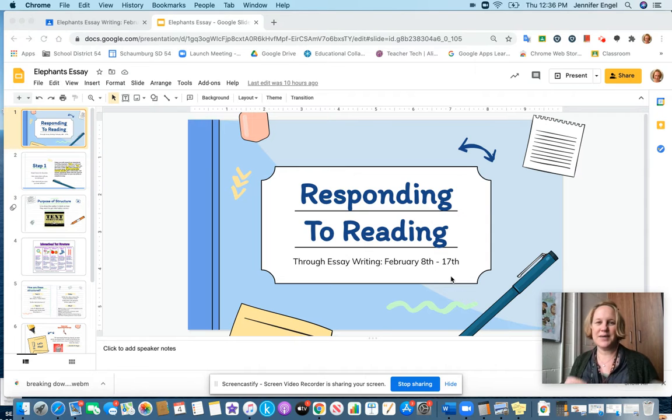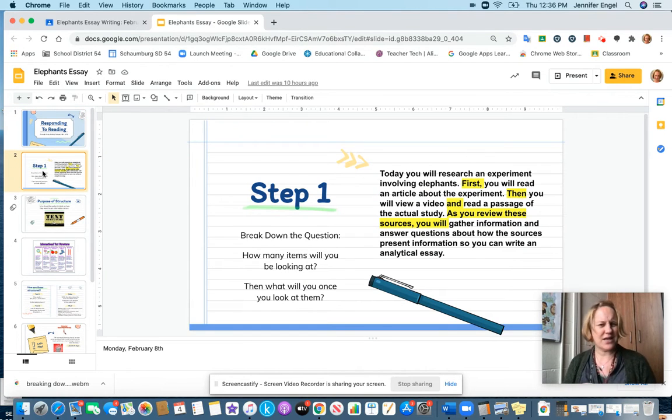Yesterday, I talked about how knowing how to break down the question, as well as knowing a little bit about the text structure, can really help us understand what we need to do before we tackle a big project, if you will, or a big task of taking multiple pieces of text or sources and then doing something with them, like answering questions or writing a response.